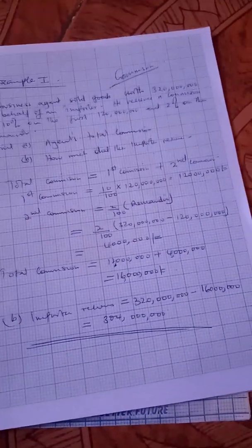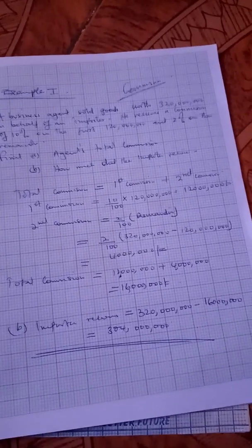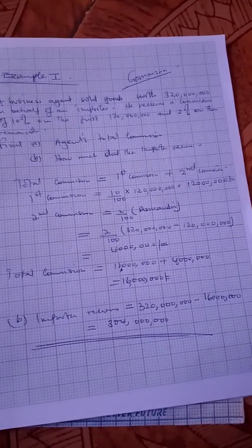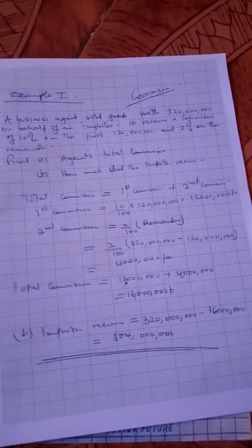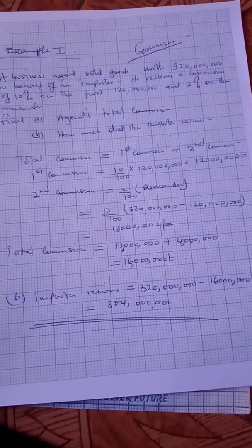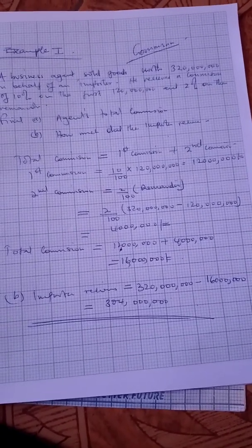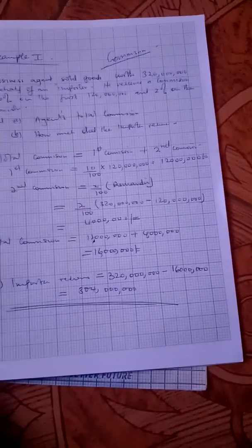First of all, in class, if you remember, we said that commission is earned by someone who sells goods on behalf of another person. What do I mean? We gave an example that I, Byarugaba, can go to say Mukwano. Mukwano is manufacturing soap.